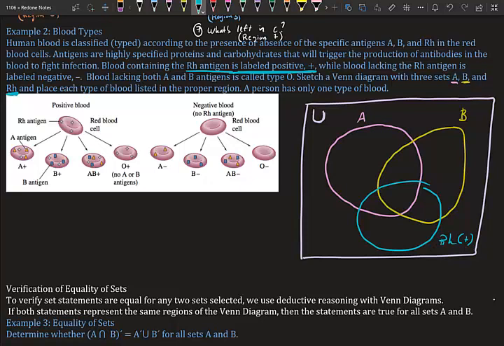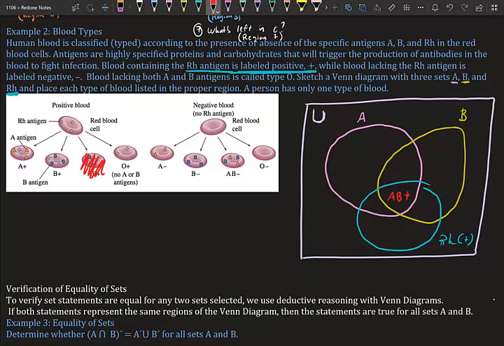Like always, we're going to start in the middle, right smack dab in the middle. What do they all have in common? Where that all meets, that's AB positive. So in the middle is AB positive. Since we used it, let's go ahead and cancel it out. Now we work our way out. I'm going to go up into region 2.